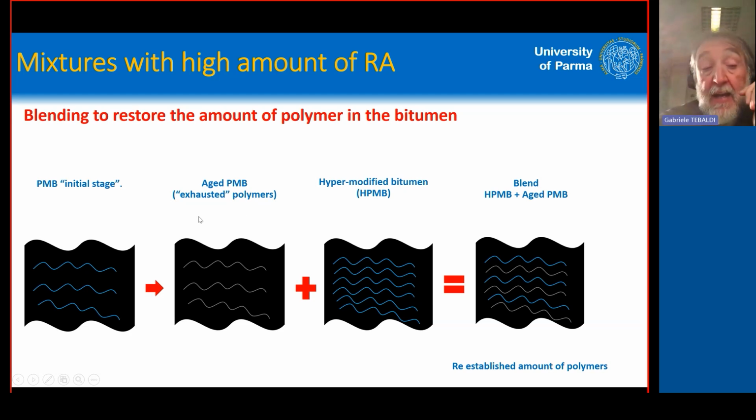So one idea is to use a very high level of polymer bitumen, what is called a hyper-modified bitumen. Of course, it's something that has to be checked in terms of design, to have a blend between hyper-modified bitumen and exhausted polymer, in order to match the minimum requirement in terms of active polymer that provides the performance we are looking for.